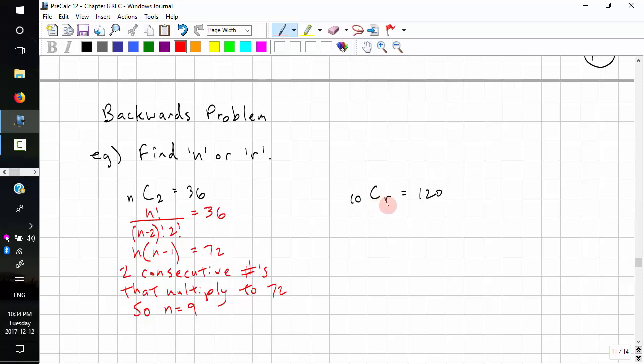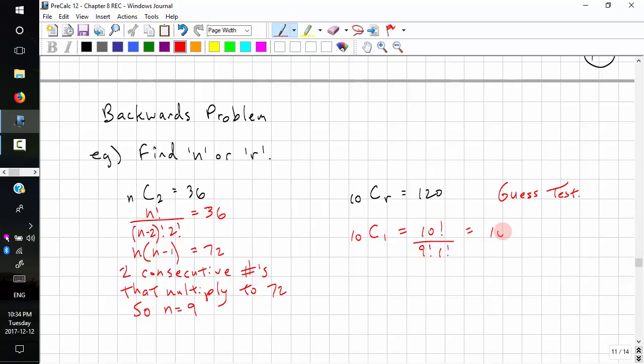Okay, 10 choose r equals 120. Unfortunately, this way is really guess and test. But you can try to make some argument. Rather than guessing and testing, what I like to do is look at this pattern. 10 choose 1 is 10 factorial over 9 factorial times 1 factorial.